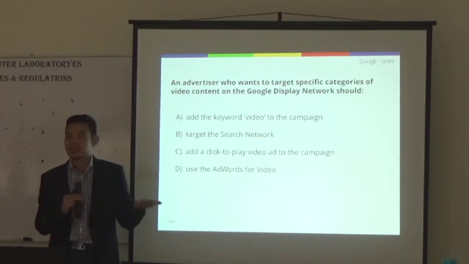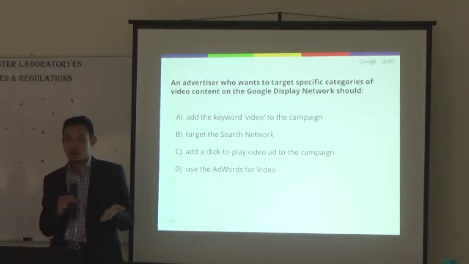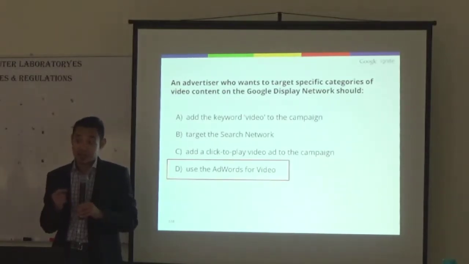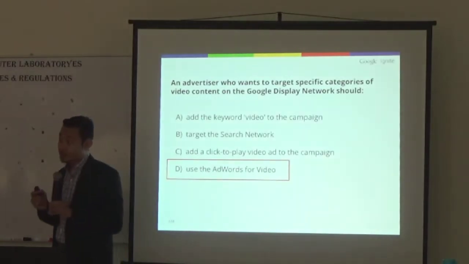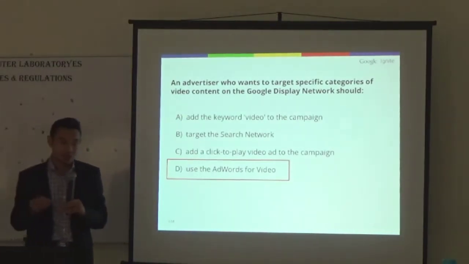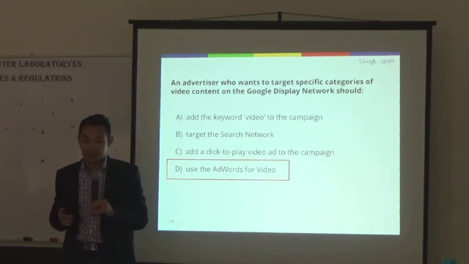So to find out which categories are good for placing their video ads, what tool should this advertiser use? Remember AdWords for video. You use this AdWords for video tool to find categories of video that are contextually relevant for advertisers to start targeting.